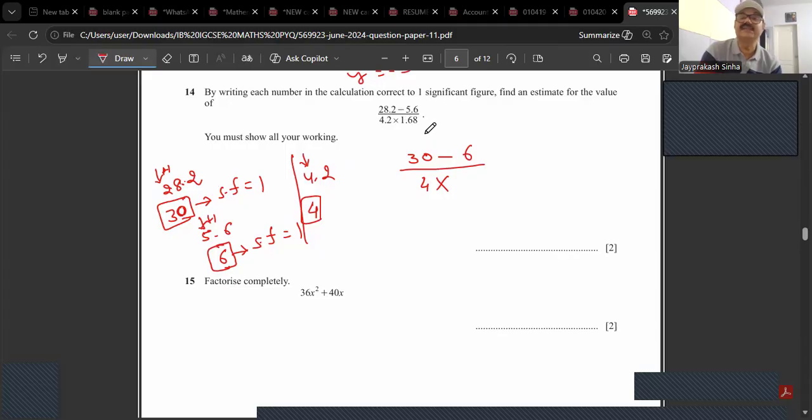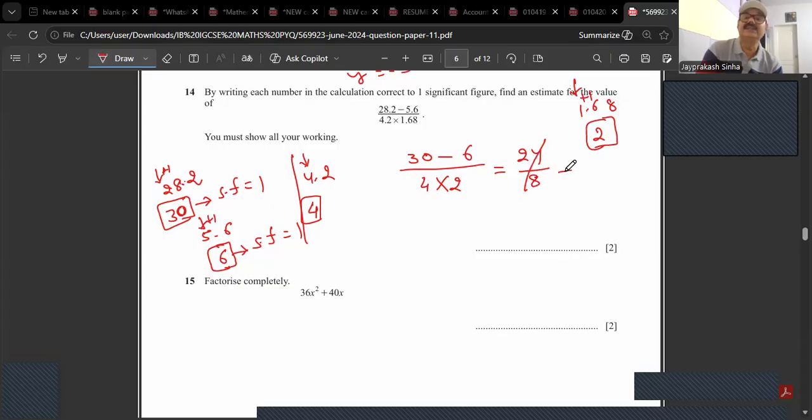Now we'll write here 4 multiplied by 1.68. We have to concentrate on this. Now this 6 is greater than or equal to 5, so this will be up by 1. So this will be 2. So 2 is the number with one significant figure. So 30 minus 6 is equal to what? 24. 4 into 2 is 8.